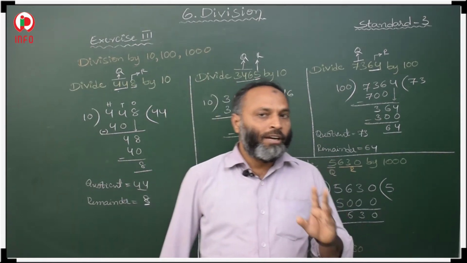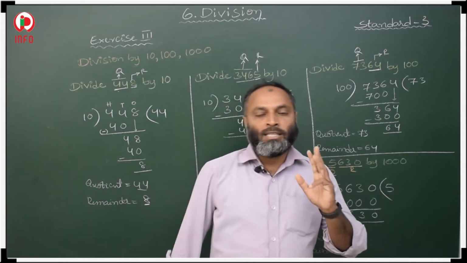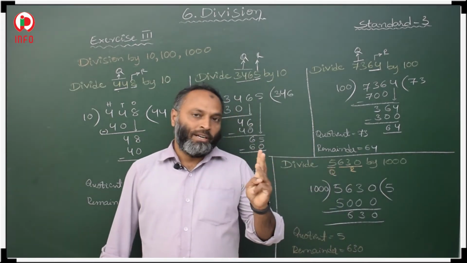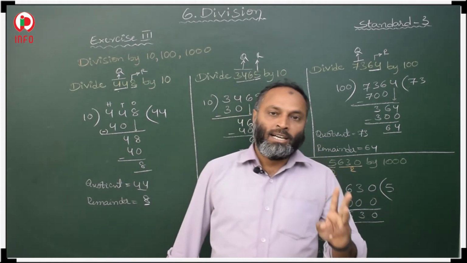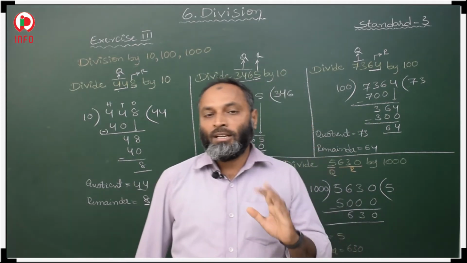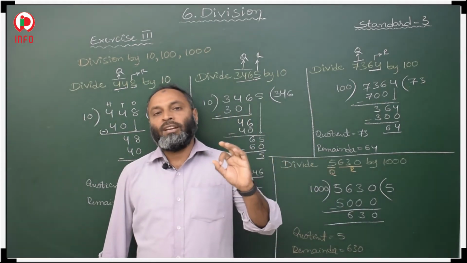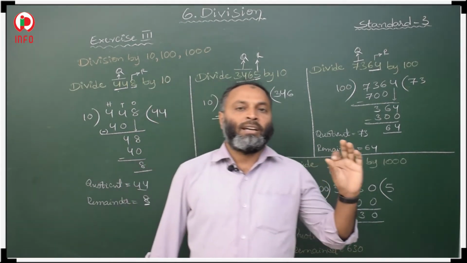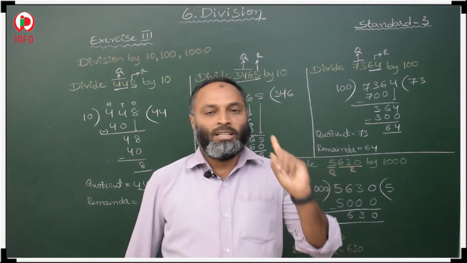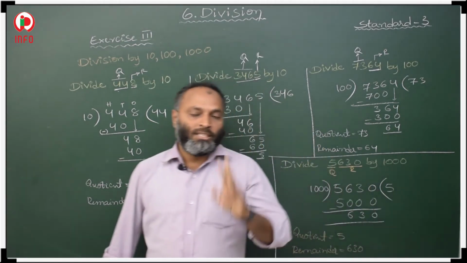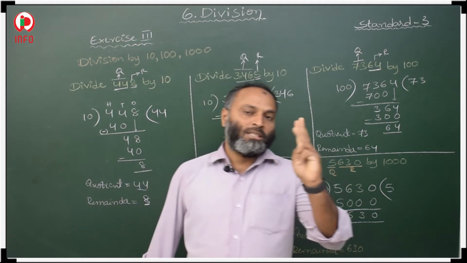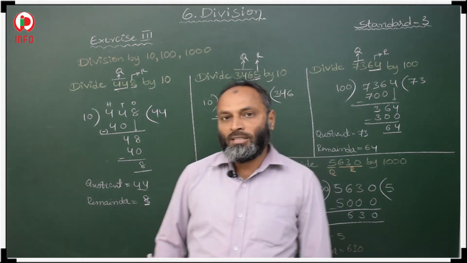When we divide with 1000, the last three places, that means ones, tens, 100, are our remainder and the rest of the places are the quotient. These things you have to remember, this is very easy. So when we divide with 10, 100 and 1000, 10 means only the ones place is the remainder, 100 means ones and tens are the remainder, 1000 means ones, tens, 100 are the remainder, and the rest of the places are your quotient.